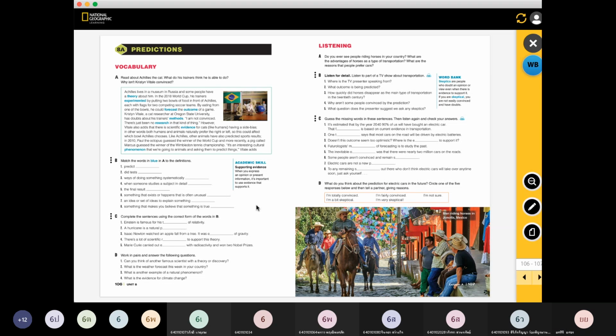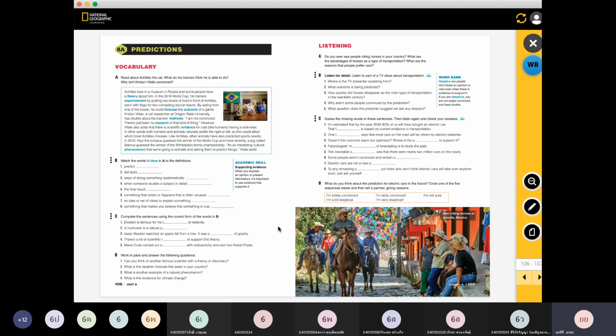Now when we get into our professions, when we get into our jobs, right? When we talk about academic stuff, I just want to talk a little bit about this. When we express an opinion, when we talk about science, don't forget that we have to use evidence to support what we think, what we see, what we do.